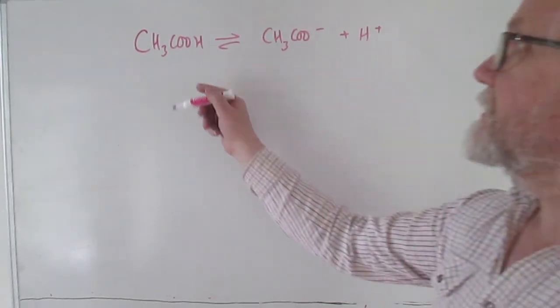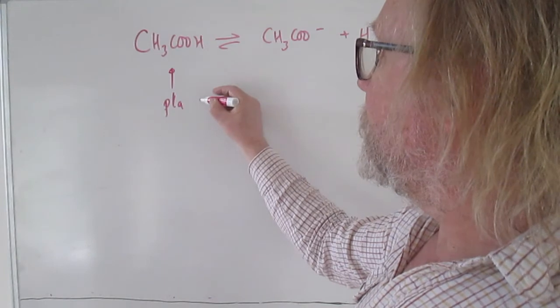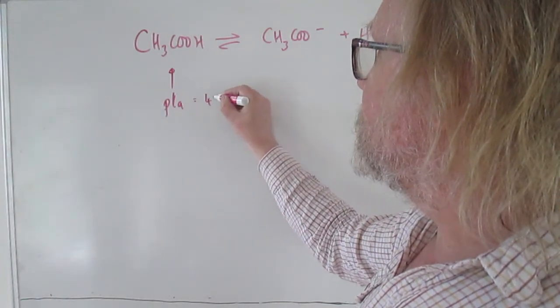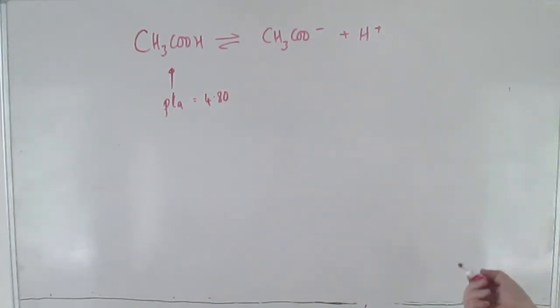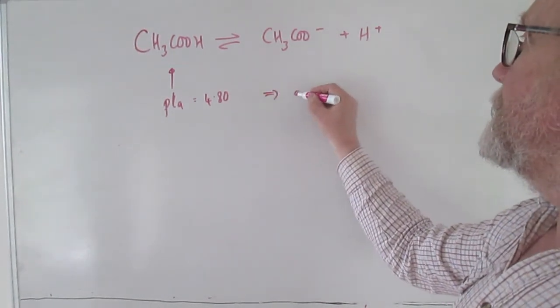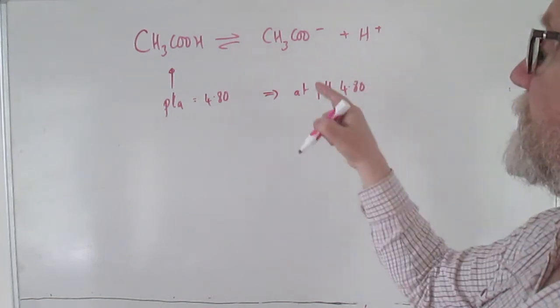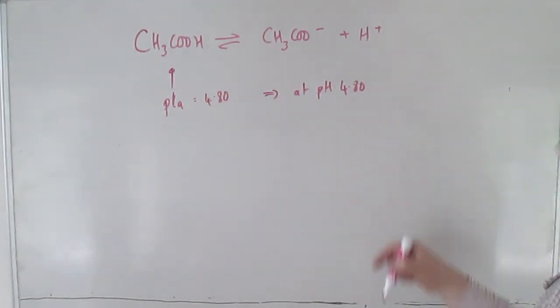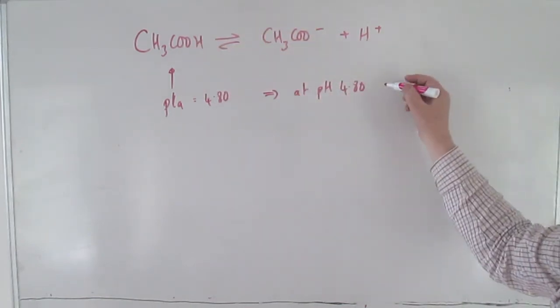So in this case, ethanoic acid has a pKa of 4.8, and as we mentioned earlier when we were talking about the significance of Ka, that means that at pH 4.8, when the pH is equal to the pKa, the concentration of the conjugate base and the acid will be equal.